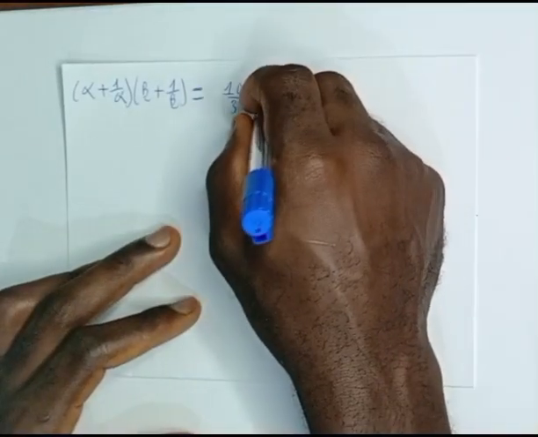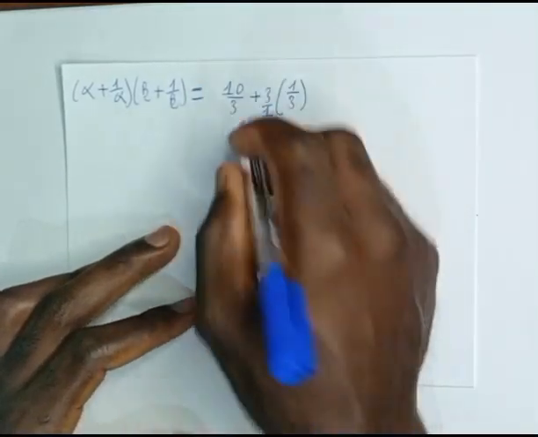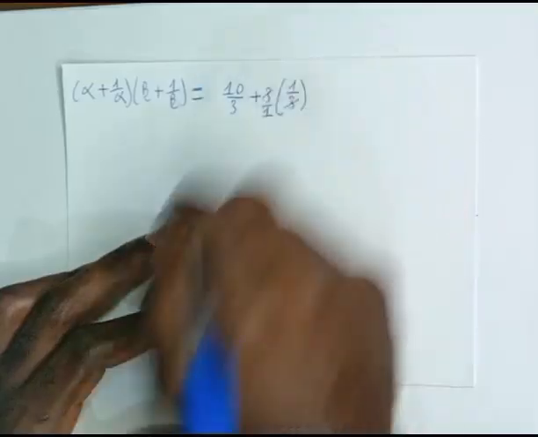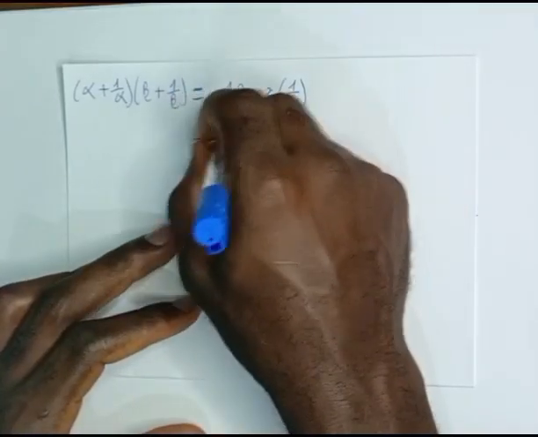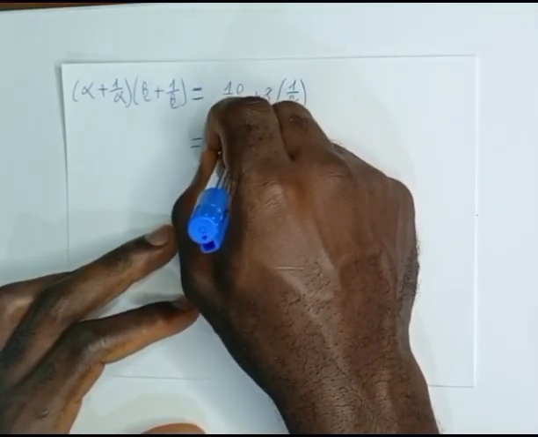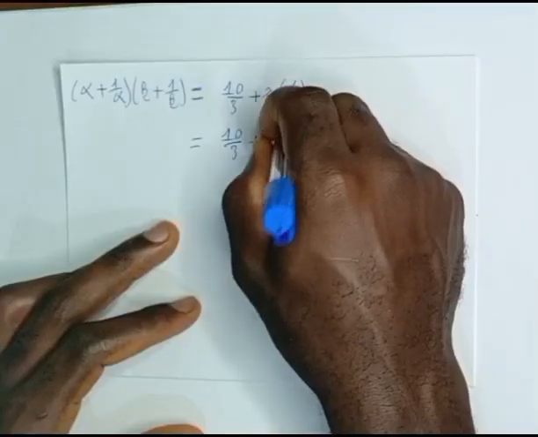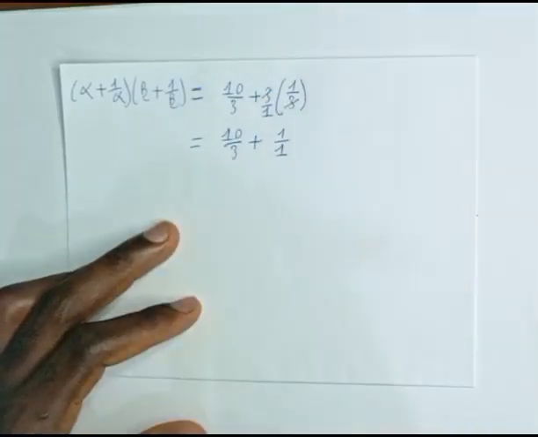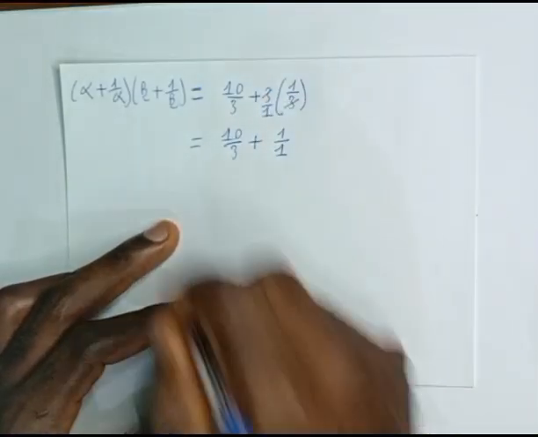This 3 can be expressed as 3 over 1. Simplifying this, 3 will strike off 3. We will be left with 10 over 3 plus 1, which can be expressed as 1 over 1.